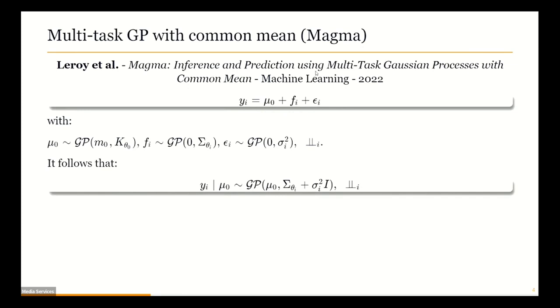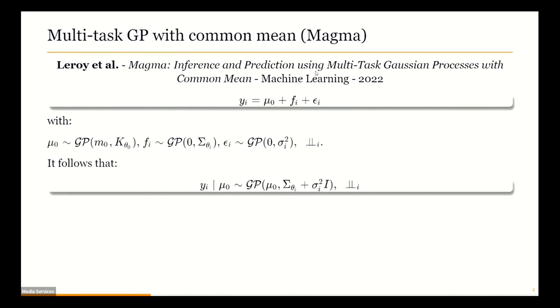If you look at the first equation, we say that y_i, which is our curve, is defined as a common mean process that is shared by all individuals, plus a perturbation that is specific to one individual, and a Gaussian noise. If all of those quantities are Gaussian processes, then if we know the latent mean process, we're still Gaussian.